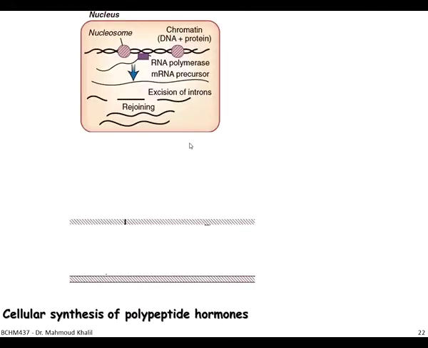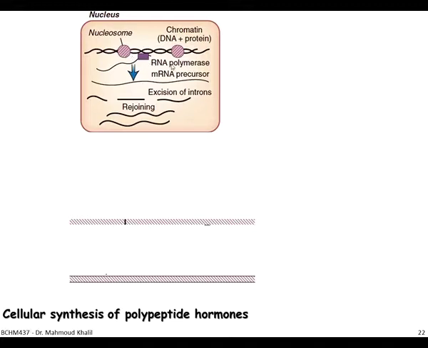Let's go closely into how these polypeptide hormones are formed within our cells, especially the endocrine cells. Initially you have the nucleus, and inside the nucleus you have the DNA, and you can see the nucleosomes, which are DNA wrapped around histones.